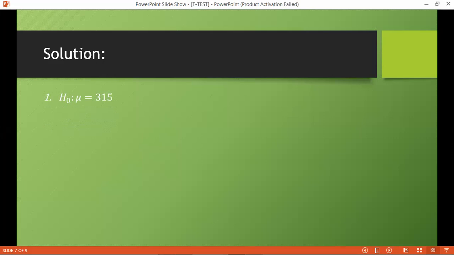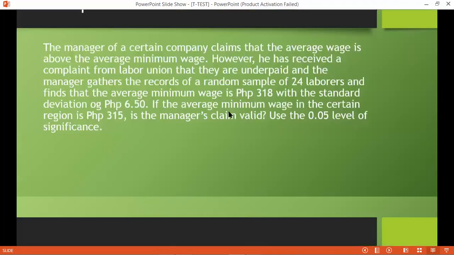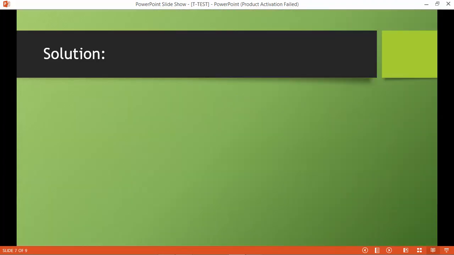Balik tayo sa problem. Ang sabi dito, the manager of a certain company claims that the average wage is above the average minimum wage. Kaya the alternative hypothesis natin is greater than ang ginamit natin na symbol. For the alpha, we will use alpha equals 0.05.